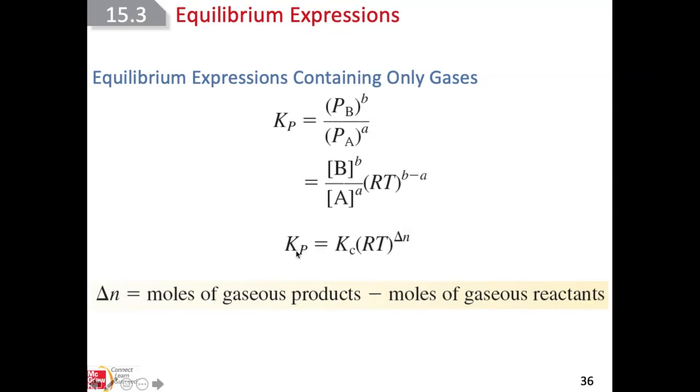So Kc and the Kp for the same reaction have different magnitudes, different values. They only will have the same value if delta n equals 0. If this is 0, anything raised to the 0 power is 1, then Kp equals Kc. You can only use this equation for Kp if the substances are all gases.